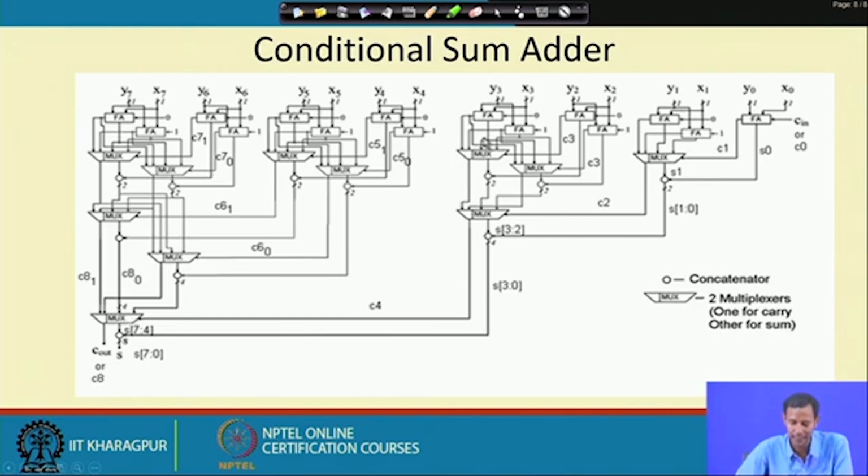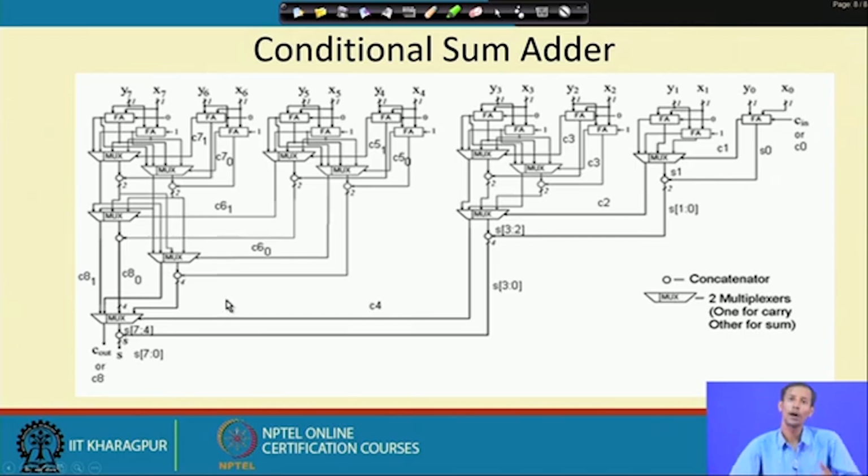So, the delay for this particular 8 bit conditional sum adder is one full adder cell delay plus 3 multiplexer delays. If I consider 16 bit, at that time it is 1 full adder delay and 4 multiplexer delays.